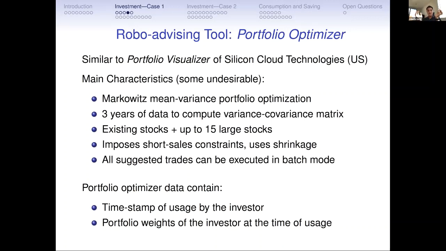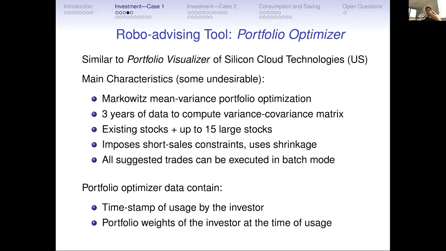It uses a very limited number of years to compute the variance-covariance matrix. It uses the current stocks of the individuals and suggests additional stocks up to 15. It imposes short-sales constraints and uses shrinkage simply because they do not want crazy weights for the individuals. And all the suggested trades can be executed in batch mode.